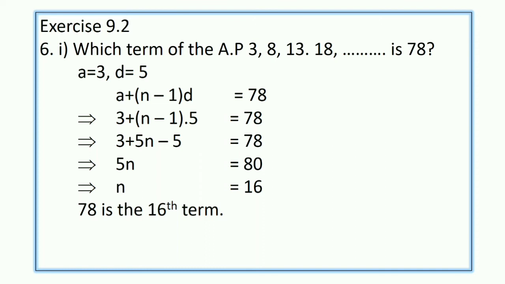After substituting the values of a and d, we get a linear equation in n. By solving it, we can easily find the value of n. Hence, we get n is equal to 16. That means 78 is the 16th term of the given progression.